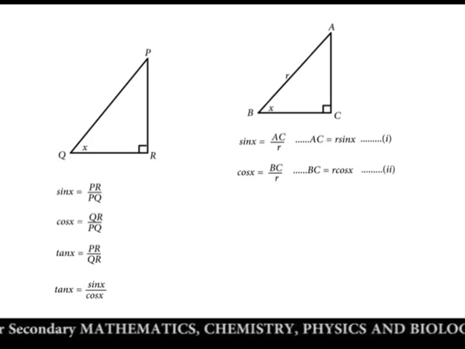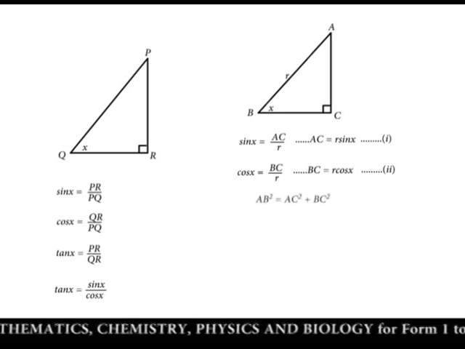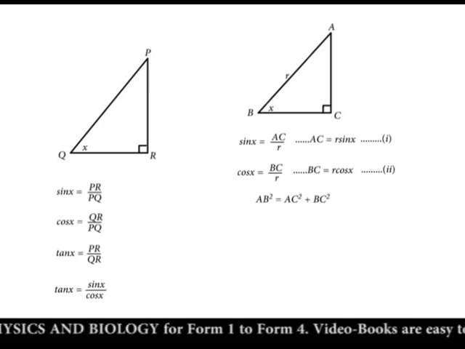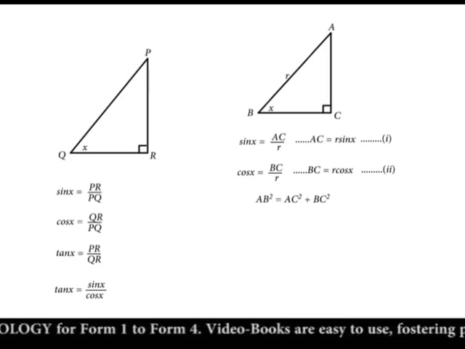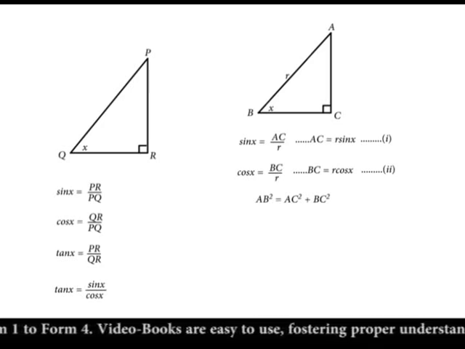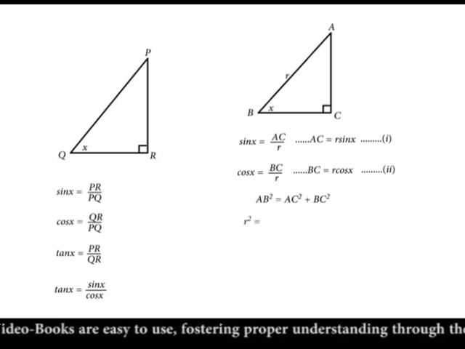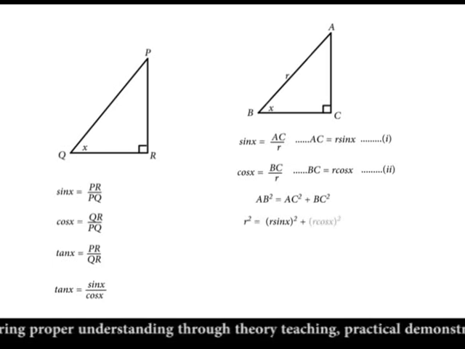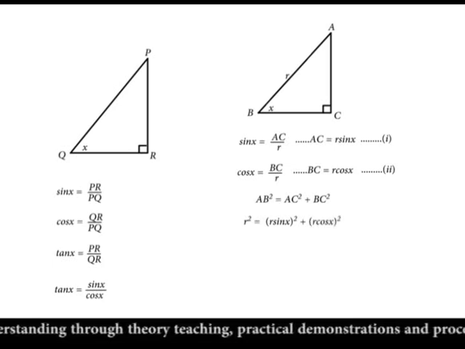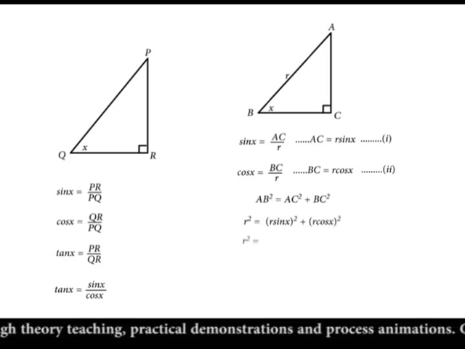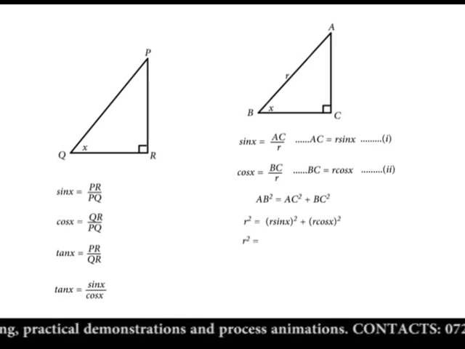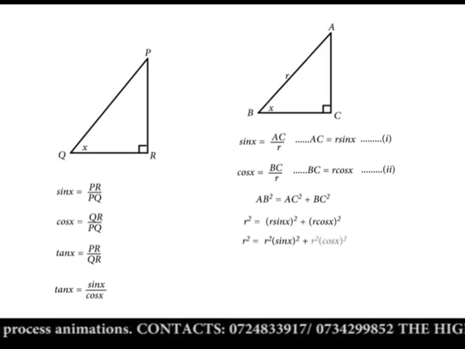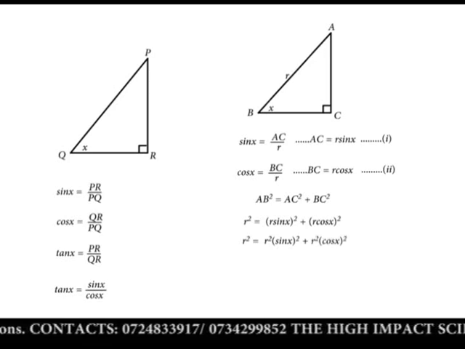Using Pythagoras theorem, AB squared is equal to AC squared plus BC squared. Substituting the values of AB, AC, and BC, we get R squared is equal to (R sin X) squared plus (R cos X) squared. That gives us R squared is equal to, opening those brackets, R squared times sin X squared plus R squared cos X squared.